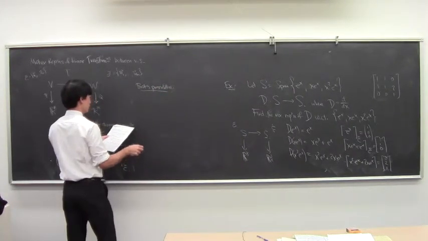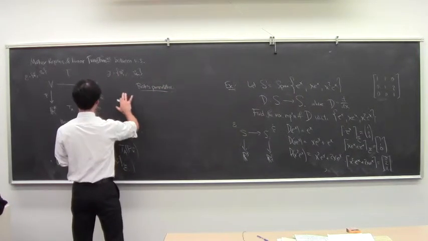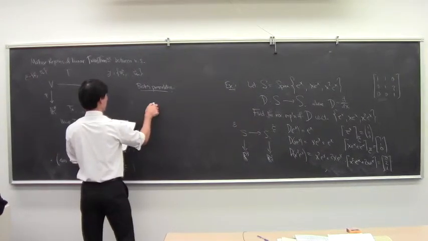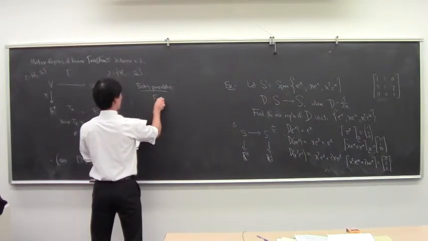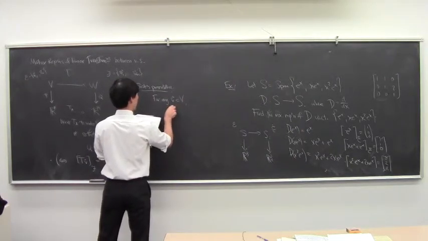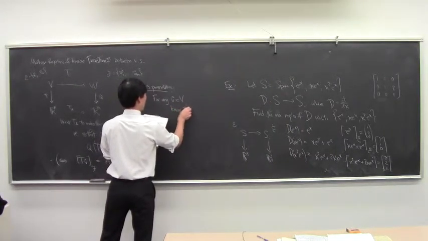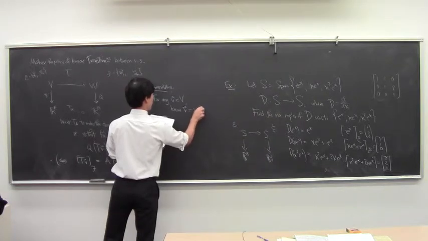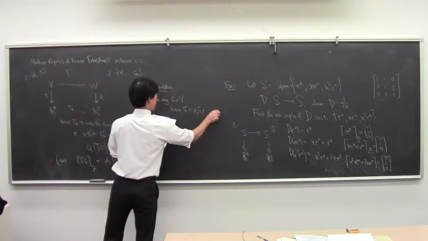Okay. So the same setting and all, right? And they say for any v in V, we know v equals x1 v1 plus ... plus xn vn.